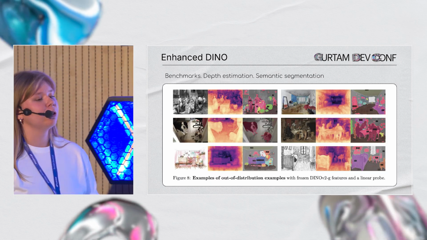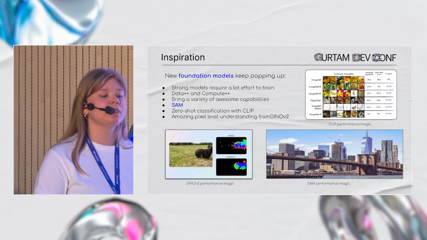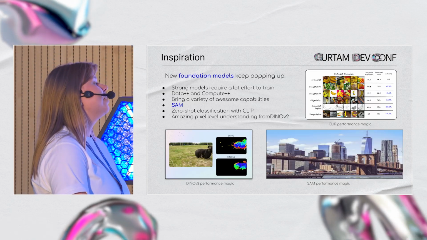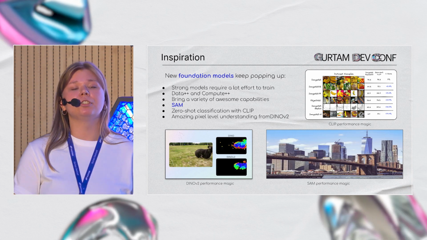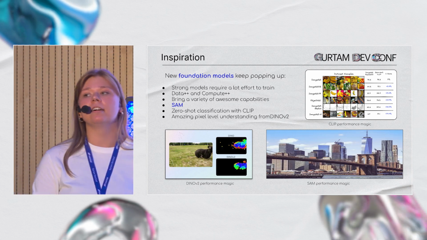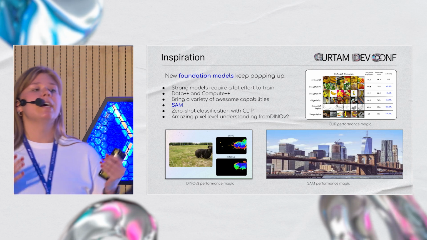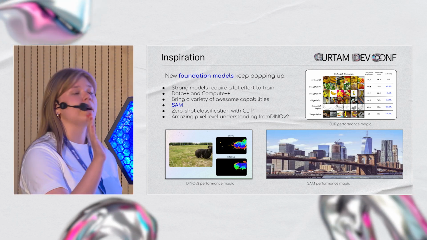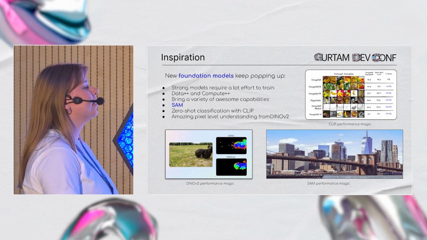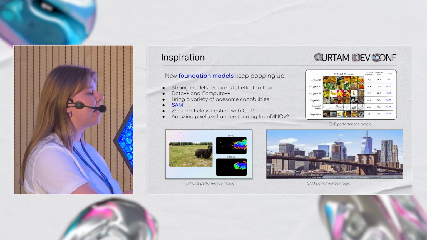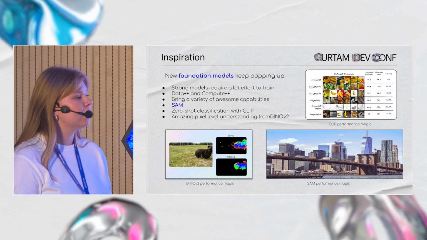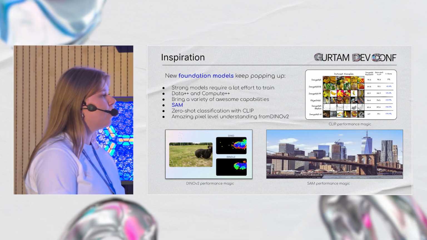So those foundational models, they are pretty inspiring. They took a lot of effort to train. They took a lot of data, compute. There are many more exciting models except for Dino. We can check out SAM, which is amazing. Segmentation out of the box.